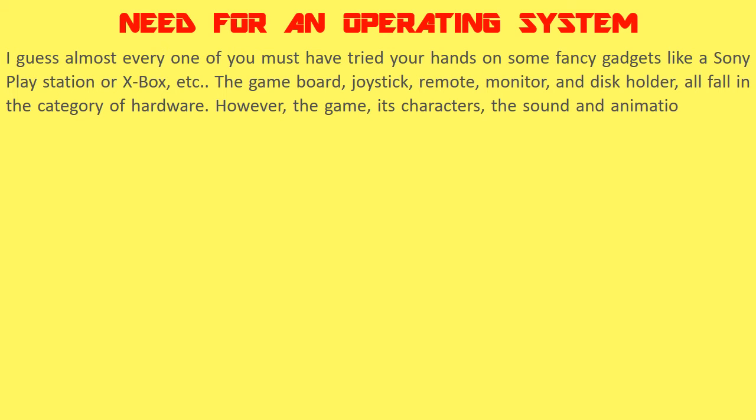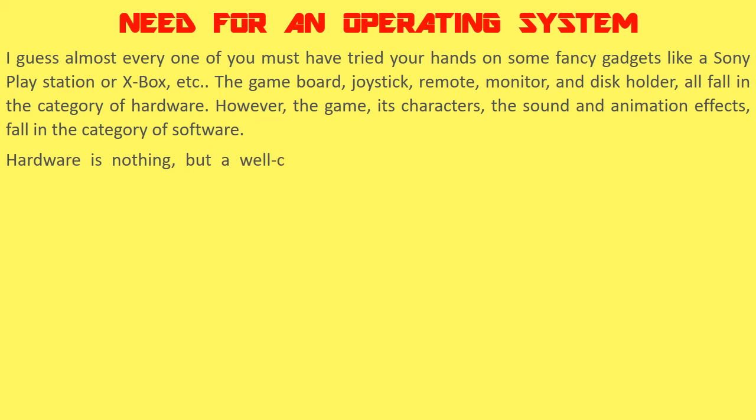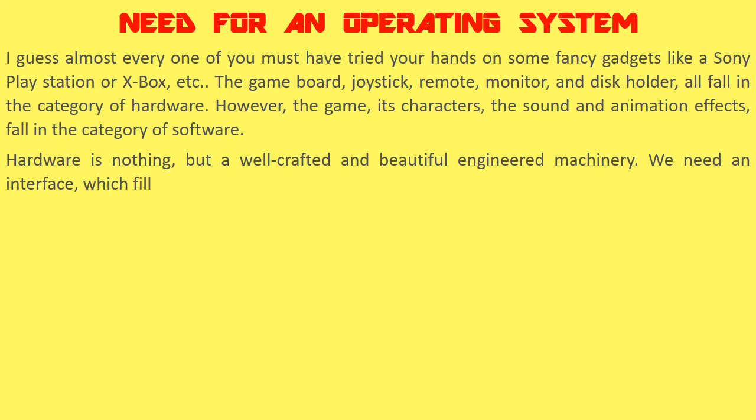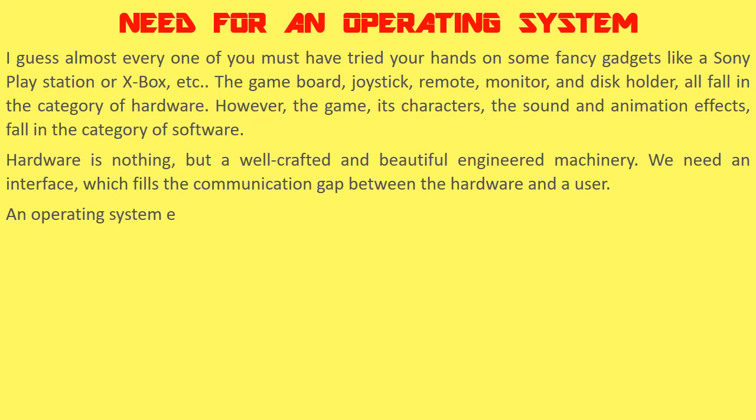However, the game, its characters, the sound, animation effects fall in the category of software. Hardware is nothing but a well-crafted and beautifully engineered machinery. We need an interface which fills the communication gap between hardware and the user.